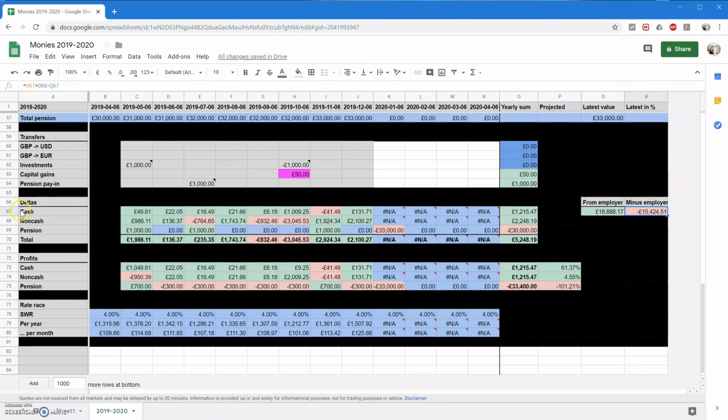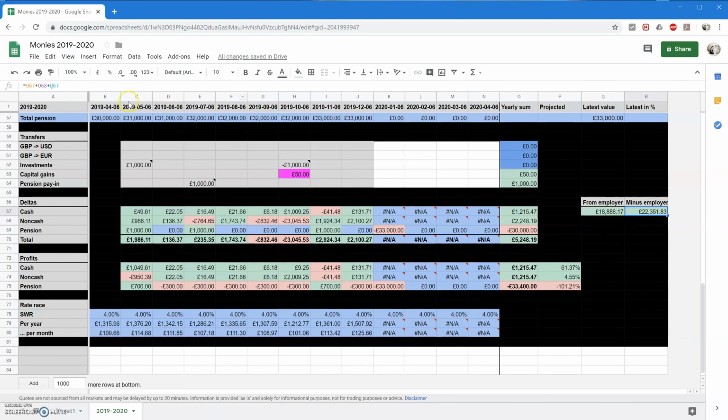Now these numbers don't fully add up because 68 and 60. I guess I should do that. No. Right? O67 and 68, Q67.